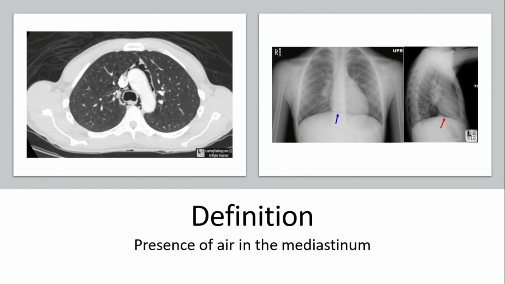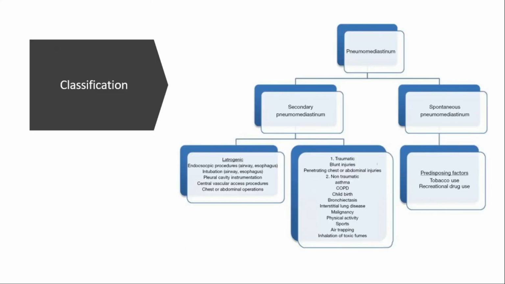Pneumomediastinum, plainly speaking, is the presence of air in the mediastinum, and it's classified into two: a spontaneous pneumomediastinum, which has predisposing factors like tobacco use or drug usage, and a secondary pneumomediastinum.